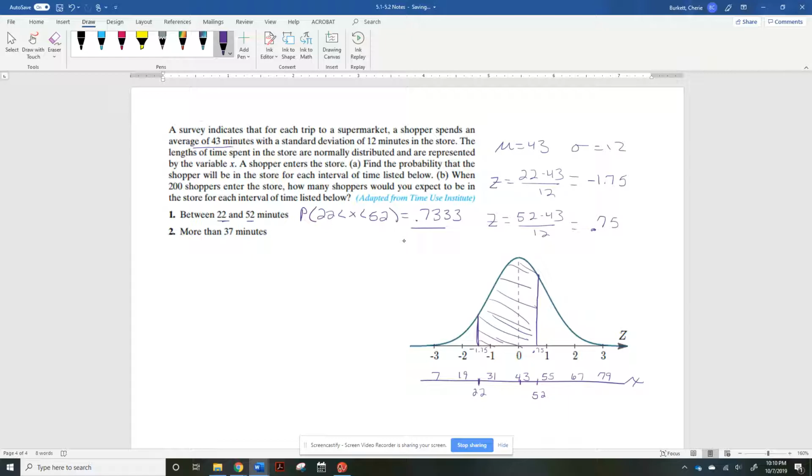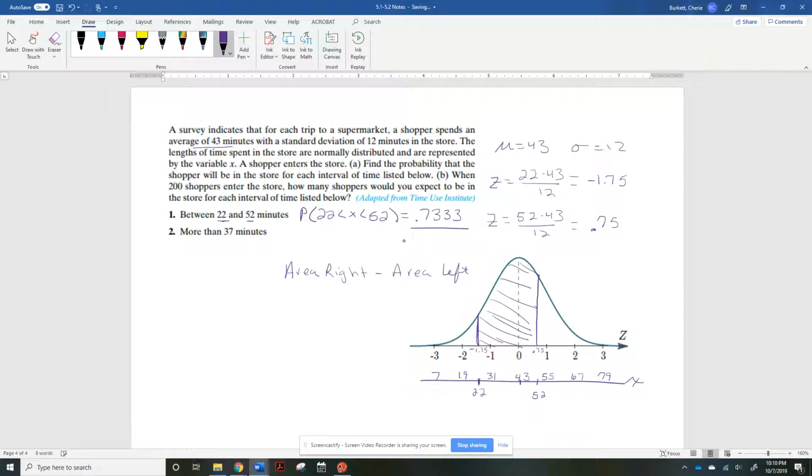You should be able to remember, if you did it on the calculator, it'd be the area to the right. If you did it on the Z table, it'd be the area to the right minus the area to the left.